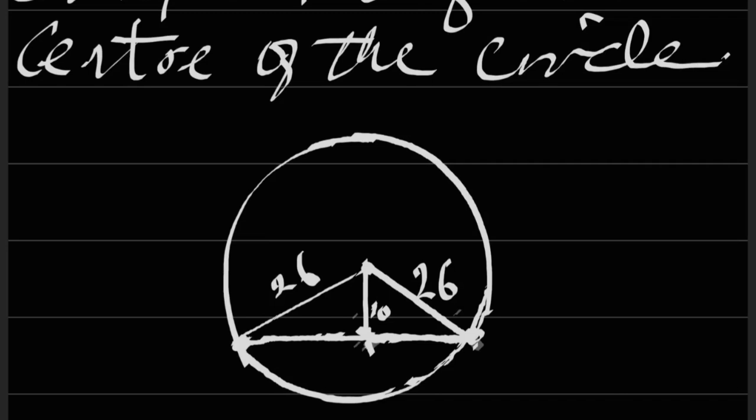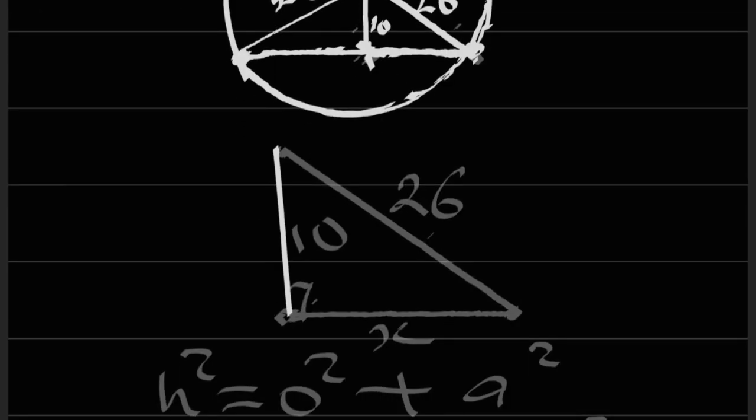Let's bring out our triangle here. This is our triangle. This is a right angle triangle. This is this very 26 here. Here is 10. That's the 10 you're seeing here.